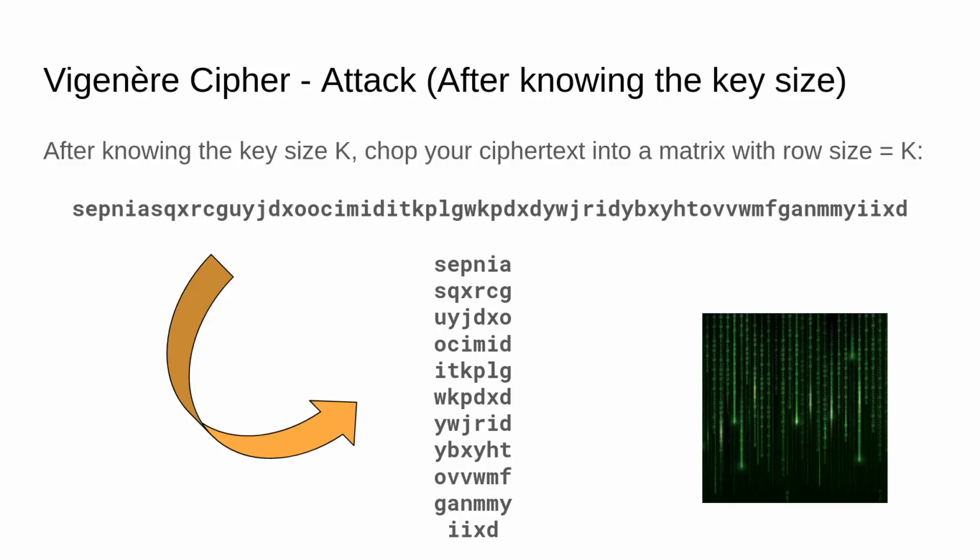Because you said the column is not going to follow the frequency distribution of English. No, what I mean is that the column doesn't form an English word. If you look at the first column, it is SSUOI. This is not an English word, right?